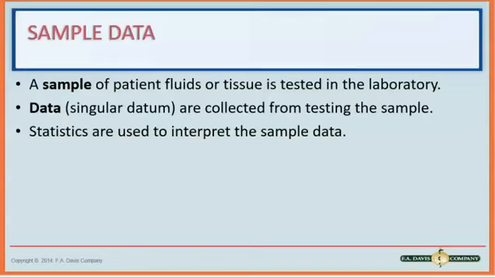And the statistics, when we've already learned the definition of statistics, the statistics are being used to interpret the sample's data. Okay, so the patient sample's data, the information that we're getting from the patient sample.